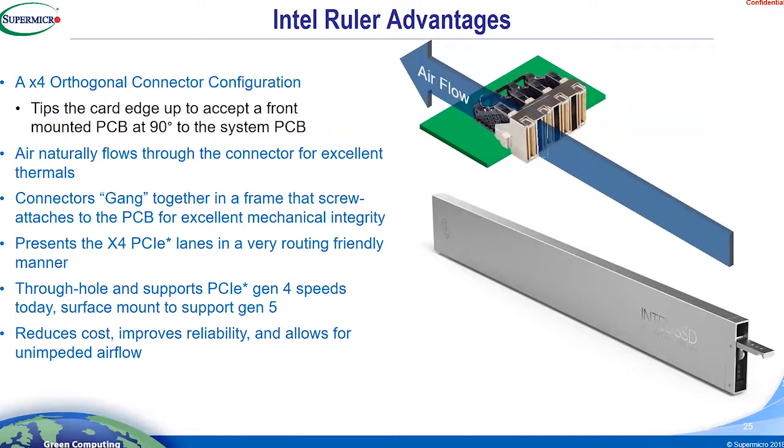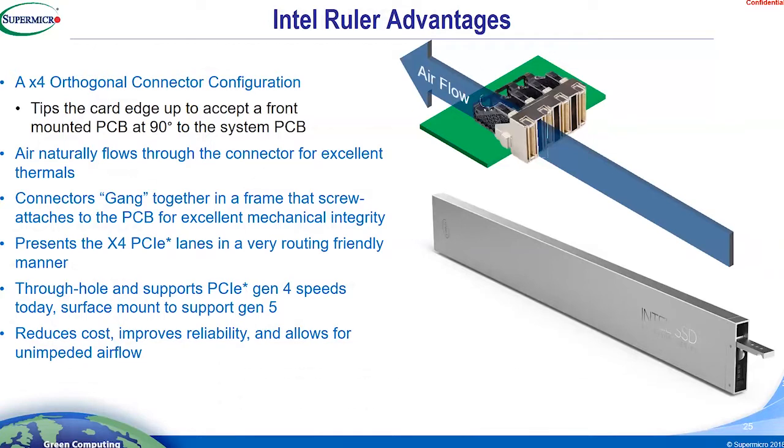And each one of these orthogonal connectors is a by 4. So you get by 4 PCIe going off to each one of the drives. It allows for all of the air to flow in there and not be blocked. And that's one of the key things. And these connectors are designed to not only handle PCIe Gen 3, but also be prepared for Gen 4 and Gen 5. So it really is kind of future-proofed for that plan.